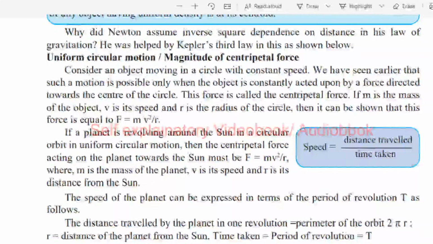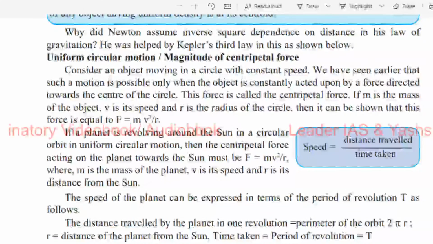This force is called the centripetal force. If small m is the mass of the object, small v is its speed, and small r is the radius of the circle, then it can be shown that this force is equal to F equals m v square upon small r.